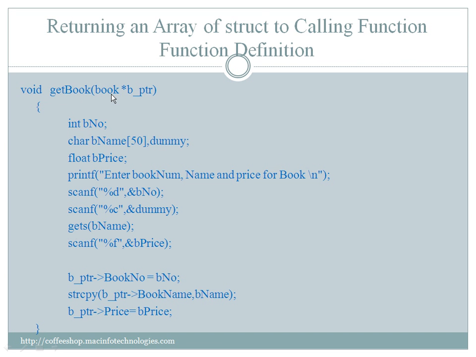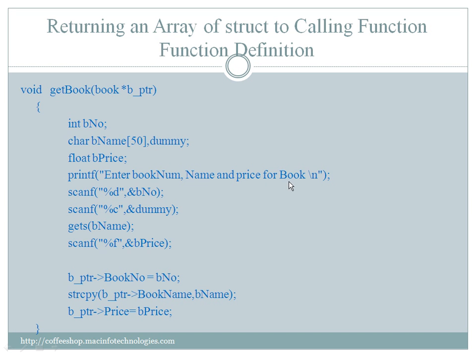We are using an input parameter of type book, a pointer to the address. We are declaring four local variables in this function: B number, B name, dummy, and B price. These variables are not accessible by the calling function. The main function can call this function, but it cannot access these variables; they are local to this function.